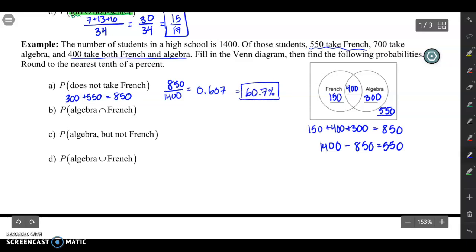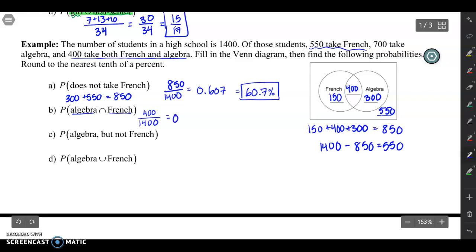All right, next one, the probability of being in algebra intersection with French. That means being in algebra and French class. That means we're looking at that overlap, the 400 kids that are in both. So if I have 400 kids that are taking both out of the total 1,400 at my school, I'm going to type that into my calculator to get a percent.